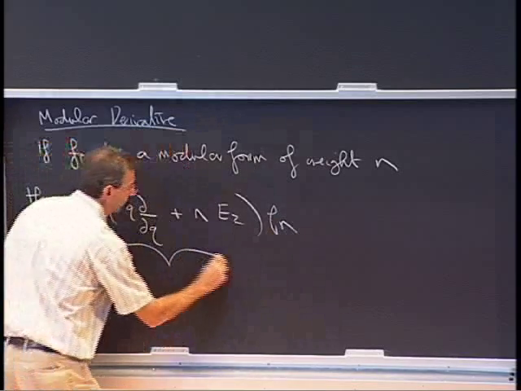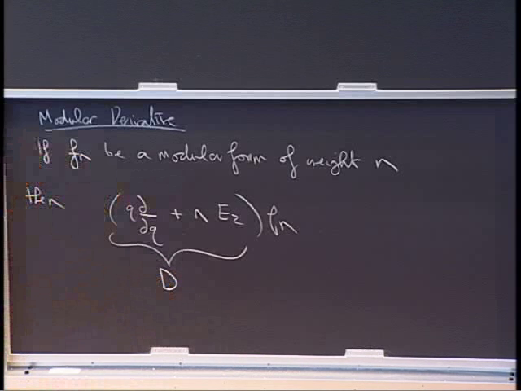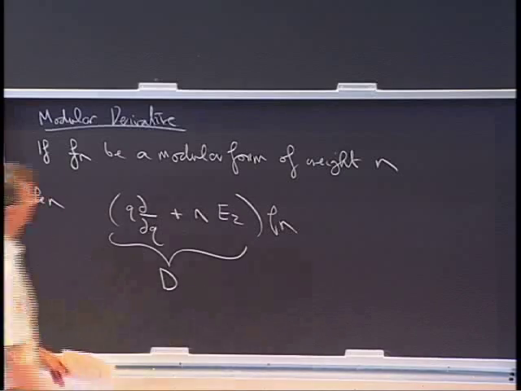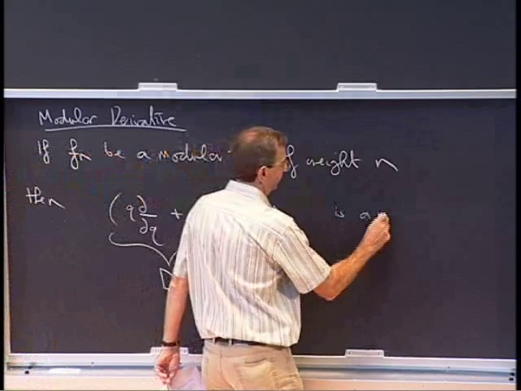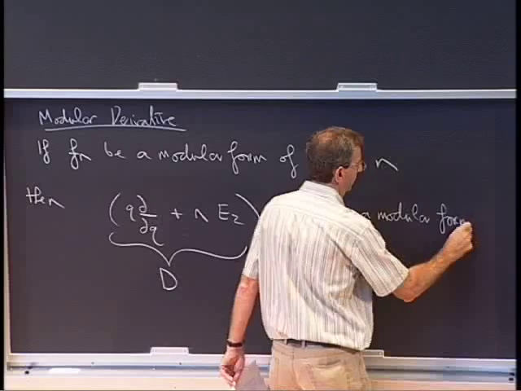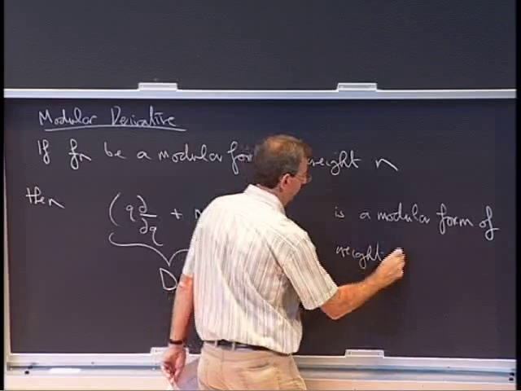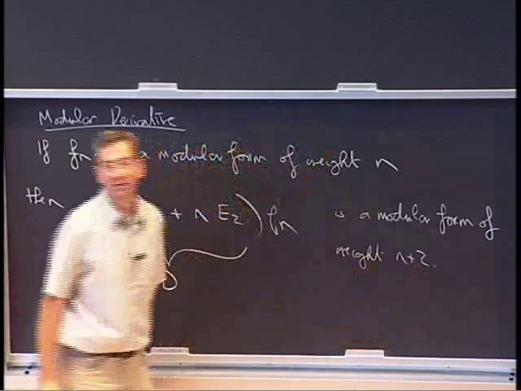I'm going to use a shorthand notation and just call this thing capital D. It is a modular form of weight n plus 2. That's a really cool thing.